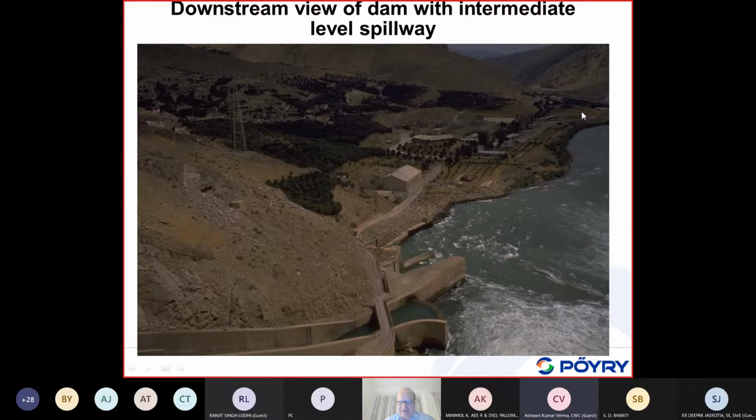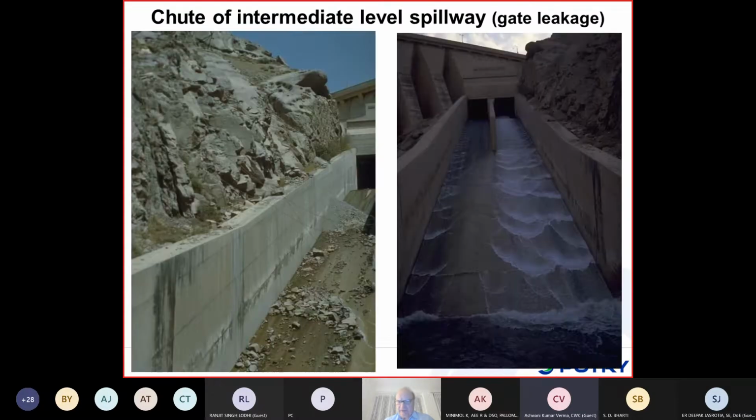When we were there, or shortly after we returned, I must say it was claimed that the epicenter basically was right at the dam site. So for a magnitude 7.5 earthquake, the ground shaking was very strong.